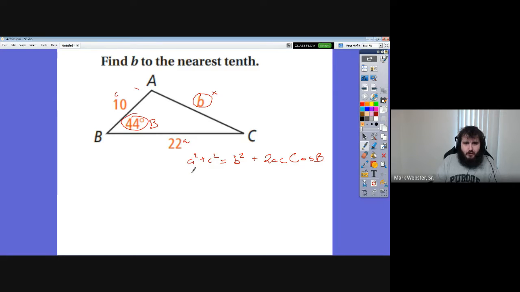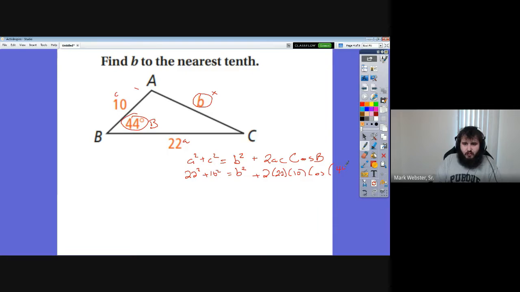We got a is 22, so 22 squared plus c is 10, so 10 squared equals thing we're trying to find squared plus 2 times a times c, so 2 times 22 times 10. Cosine of big B is 44.